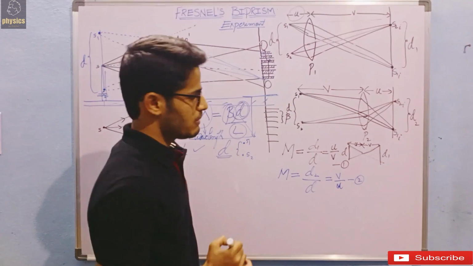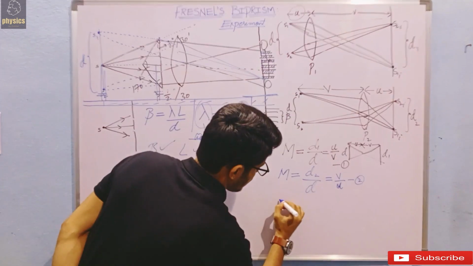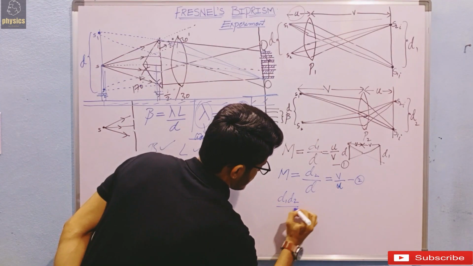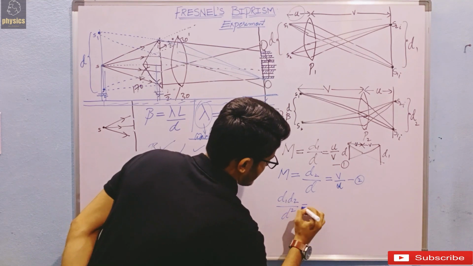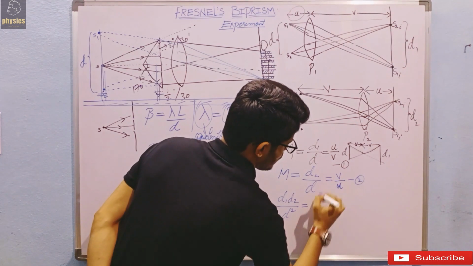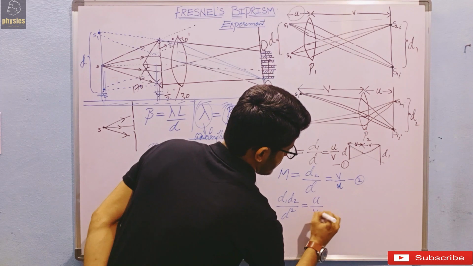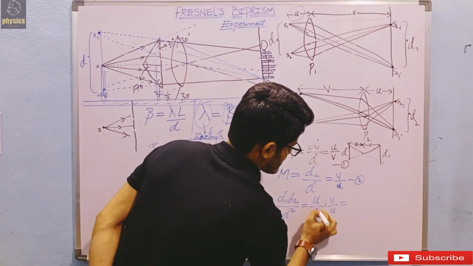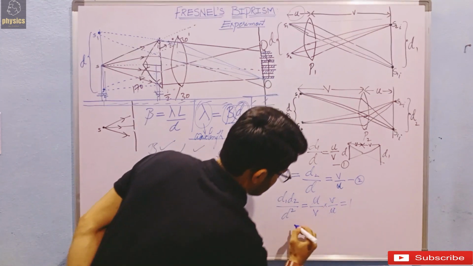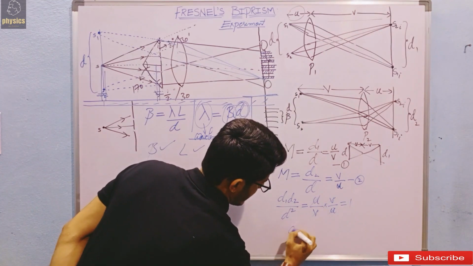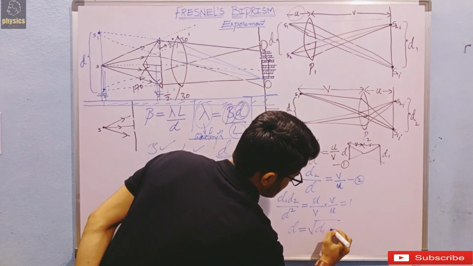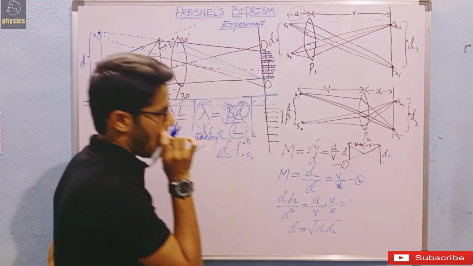Now I'll be multiplying equation 1 with equation 2. What I'll get is D1 into D2 by D square, and the U by V into V by U will cancel out, and I'll get 1, and D will be equal to the square root of D1 D2.